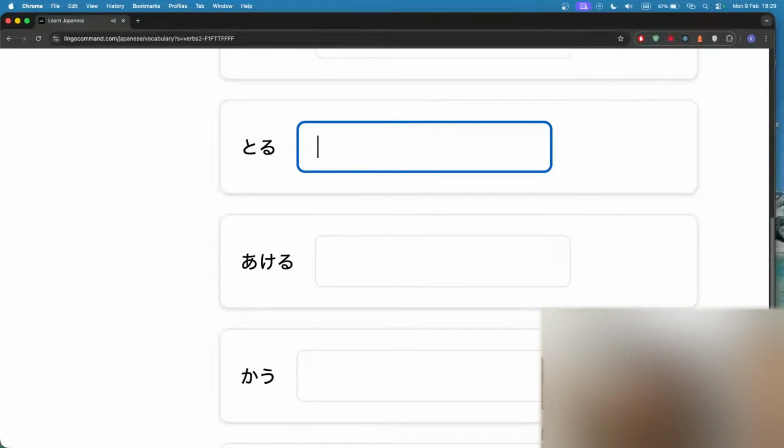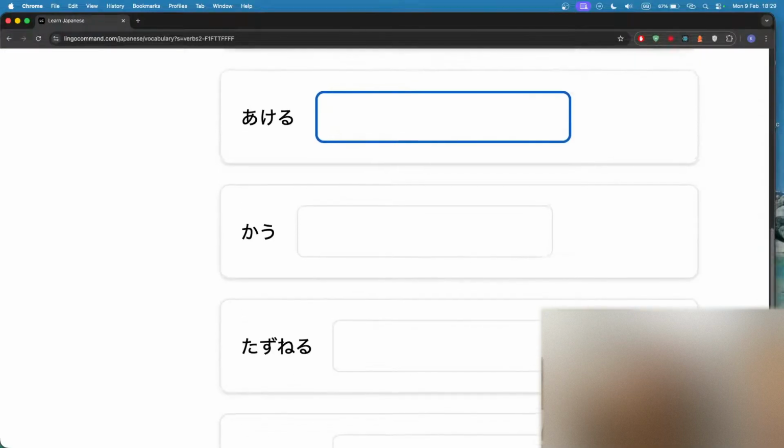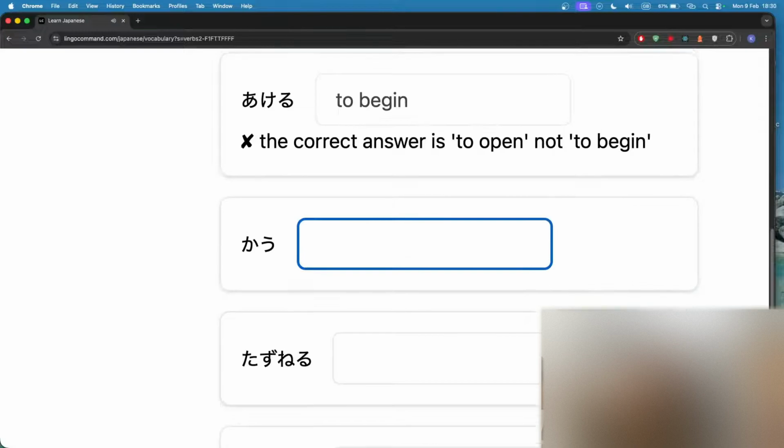Toru. What is toru? Oh, that's tricky. I'll come back to that one. Akeru is to begin. What's to open?